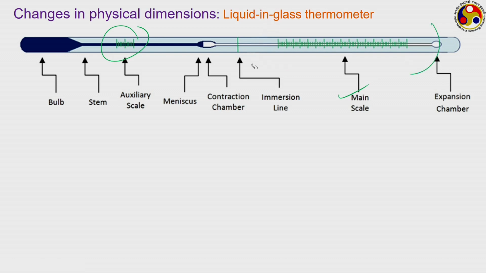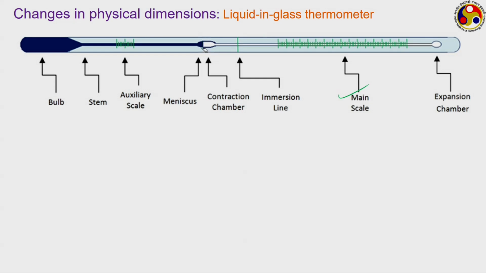The auxiliary scale generally refers to a temperature well below the main scale temperature, quite often used for calibration purposes, like 0 degrees Celsius in the case of a Celsius scale, which we may not use under normal operation, but occasionally, just to check whether the thermometer is working correctly or not, we may want to check it with this auxiliary scale. The meniscus refers to the separation between the liquid-filled part and the void part.